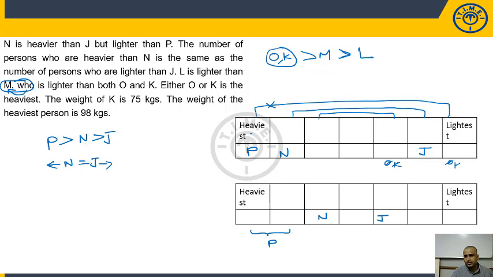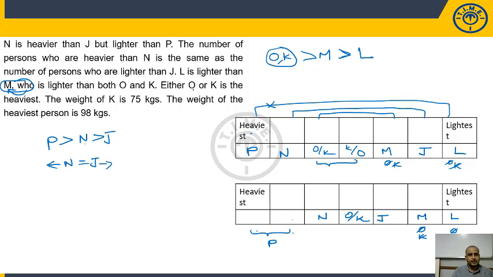Definitely the last two positions cannot be given to O or K, because after O and K we should place M and L. So these two positions will be given to M and L, because one of these two will be P and one of these two will be O or K. So this one will be O or K, right? But if we place the P, then O or K is in another position.